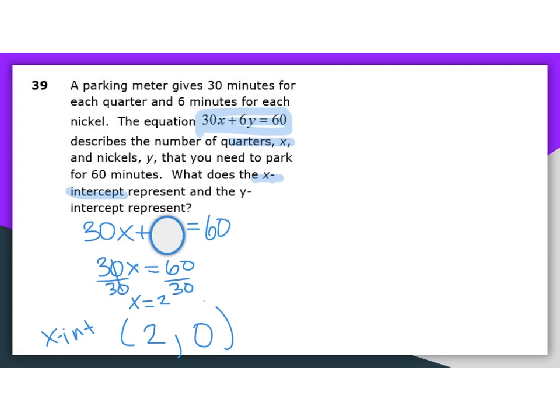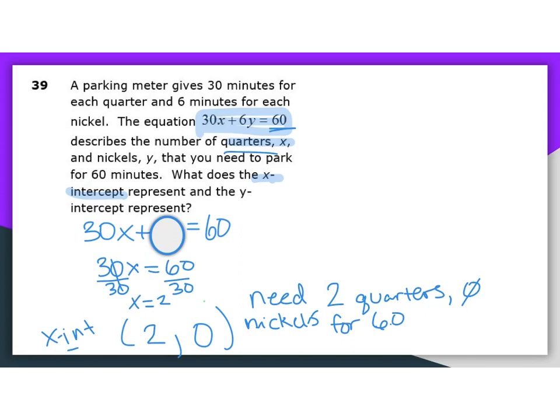And this means we need 2 quarters, since x is representing the quarters. Two quarters, 0 nickels, for 60 minutes of parking.